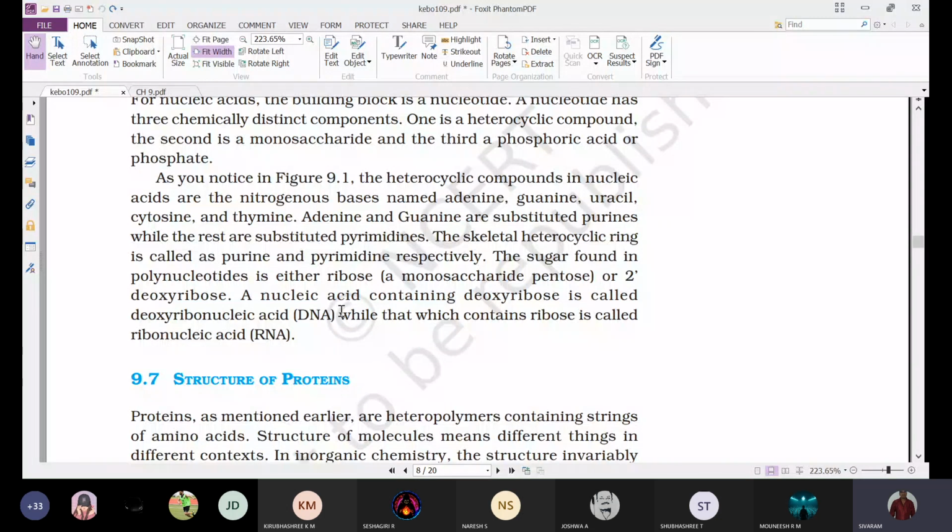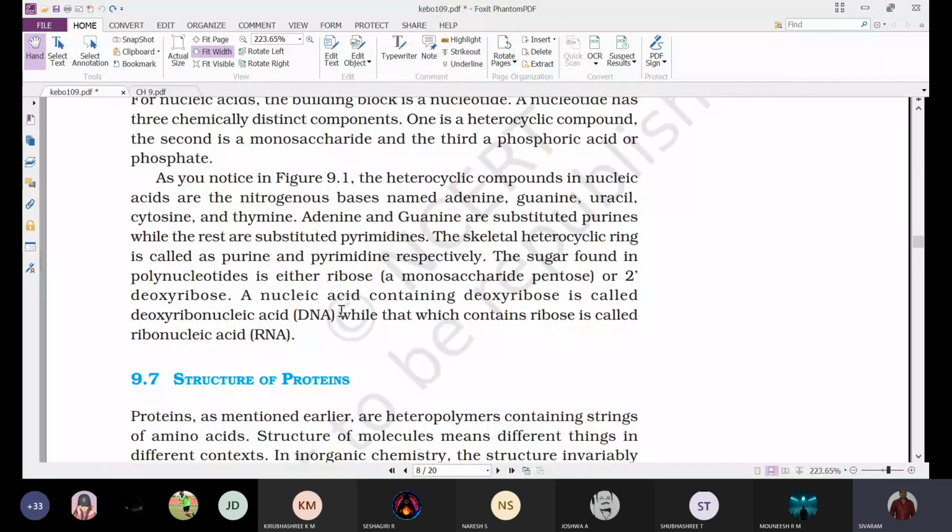The sugar found in polynucleotides is either ribose, a monosaccharide pentose, or 2' deoxyribose. As I told you yesterday, there are two types of pentose sugars observed in nucleic acids. One is DNA and the second is RNA. In DNA, what type of sugar is present?